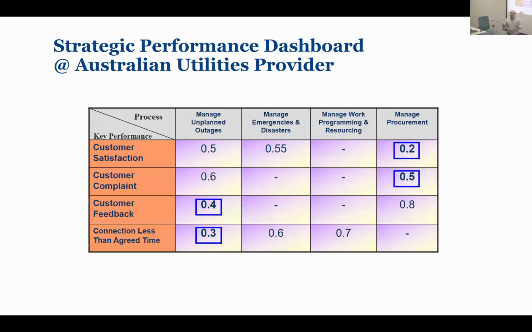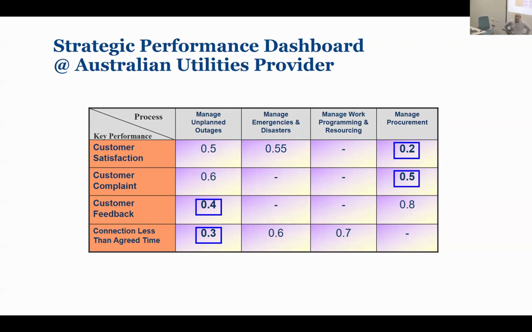So this here, for example, is an example of a strategic performance dashboard at a utilities company. This is like an energy company that sells you the electricity at your house. And in such a company, the strategic managers, the executive managers, will be interested in knowing how we are doing in terms of customer satisfaction, number of customer complaints, customer feedback, and service level agreement violations for different areas of the organization, for different process groups.